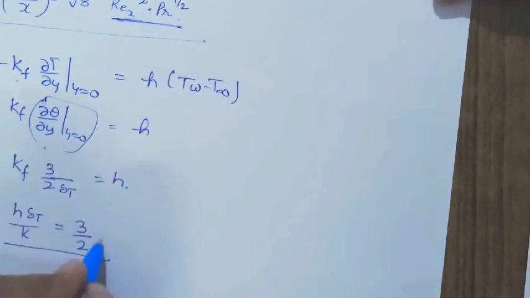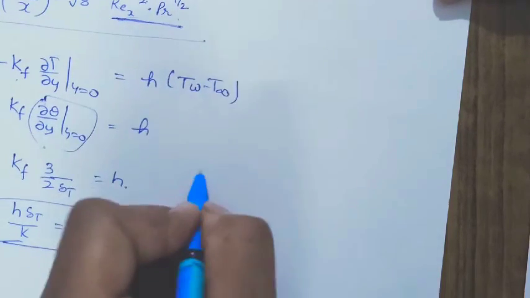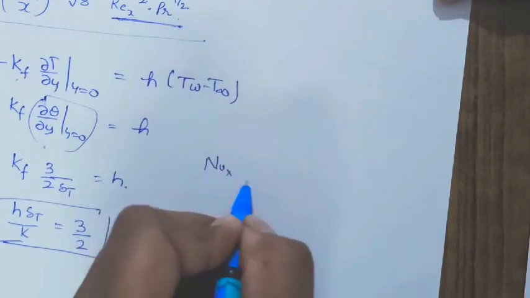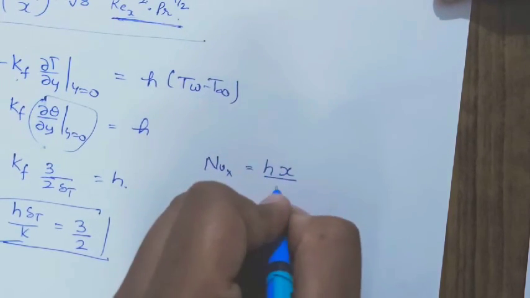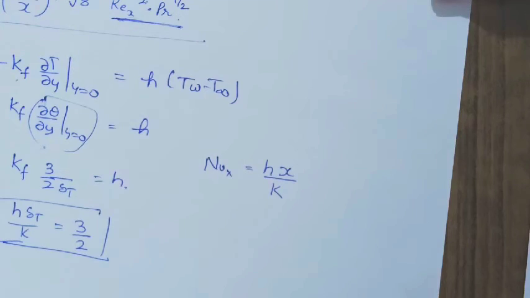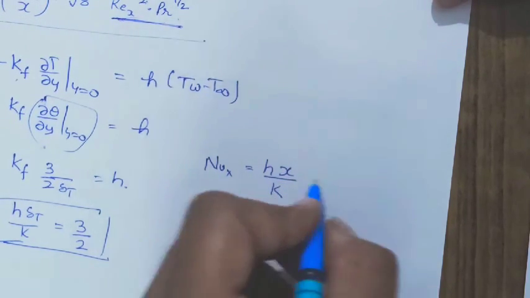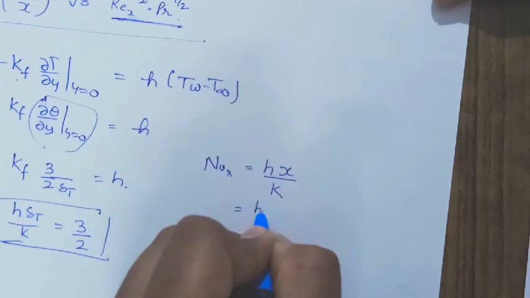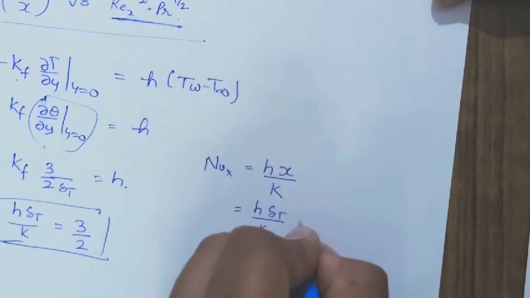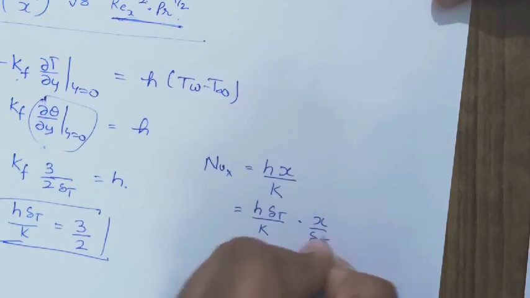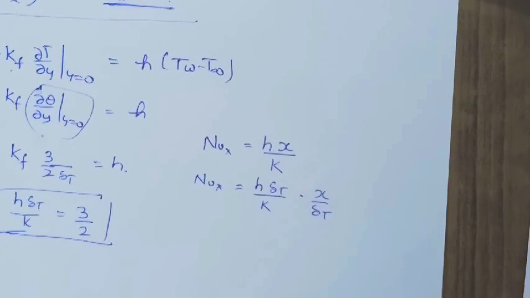So in this case, h delta T by k is nothing but 3 by 2, right? So by taking this analysis, and we also know that the Nusselt number at x is nothing but hx by k, right? And if it is hx by k, can I multiply and divide by the delta t? Yes.